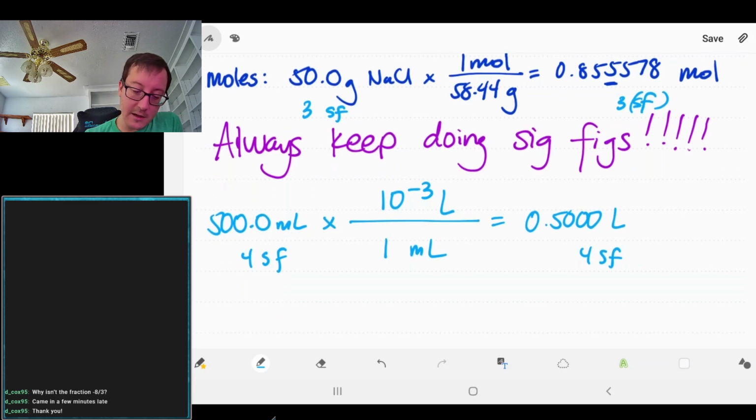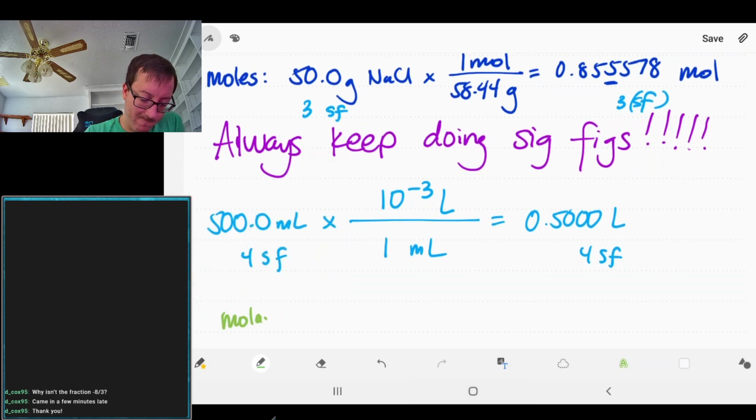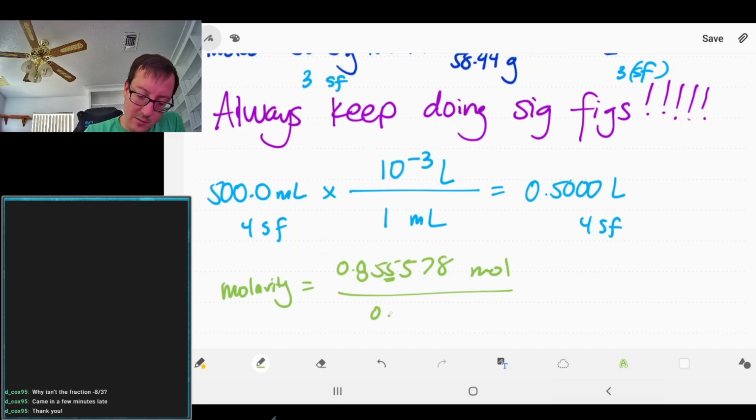All right, so the molarity of this solution is going to be our 0.85578 moles over 0.5 liters.